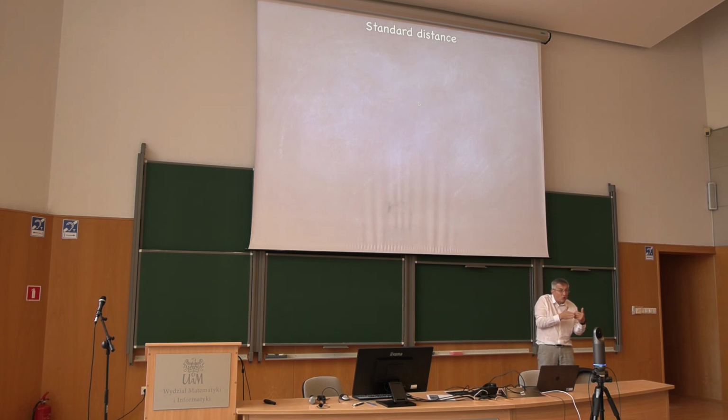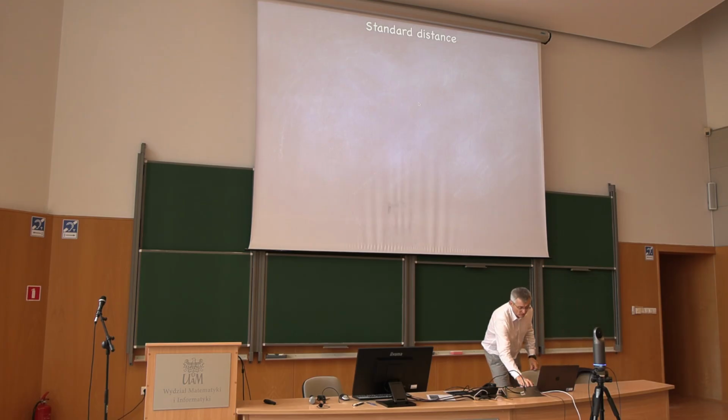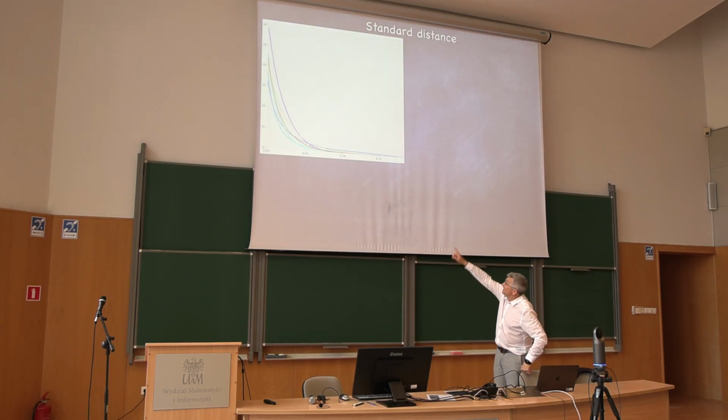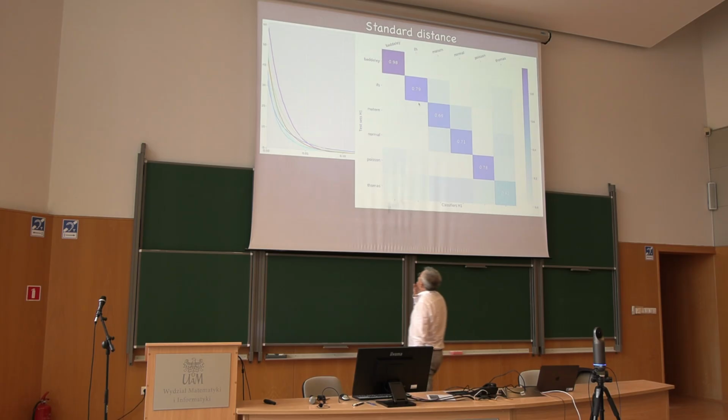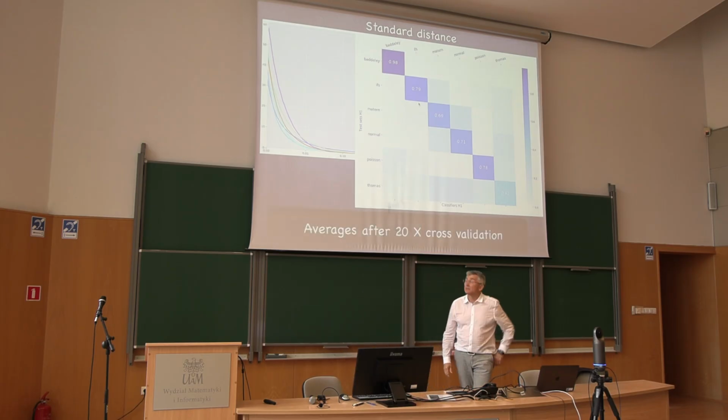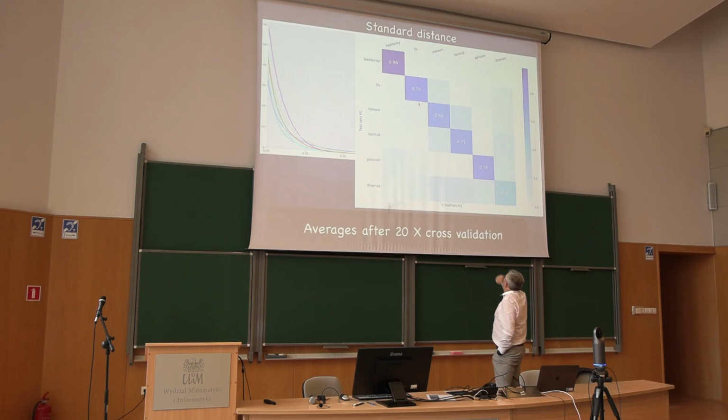We are choosing the window in which we are going to construct this stable rank. With the standard distance, these are the averages for those 6 processes, and this is the validated result. When you look at the classification rate, those are the numbers.